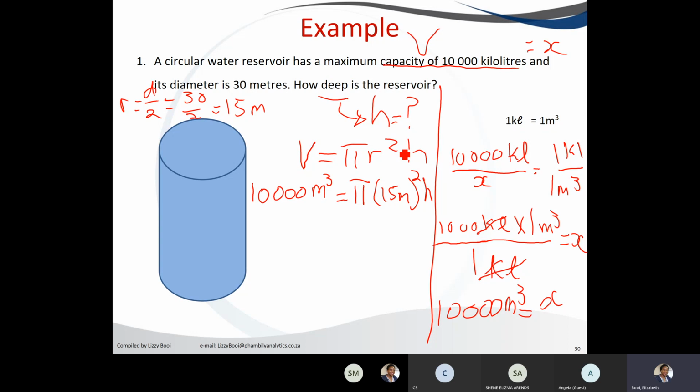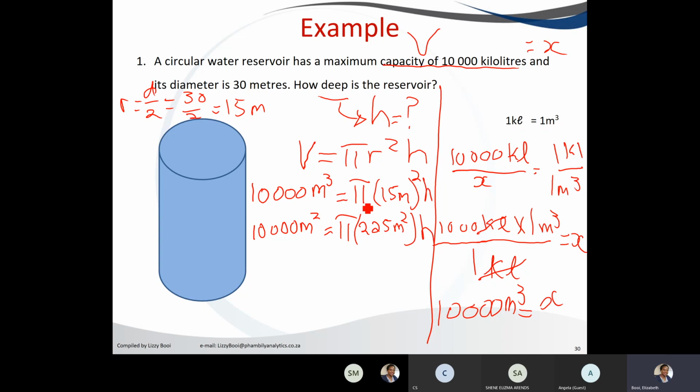So we use the second function on the calculator for 15 squared, and we get 225. So 10,000 meter cube equals pi times 225 meter squared times height.